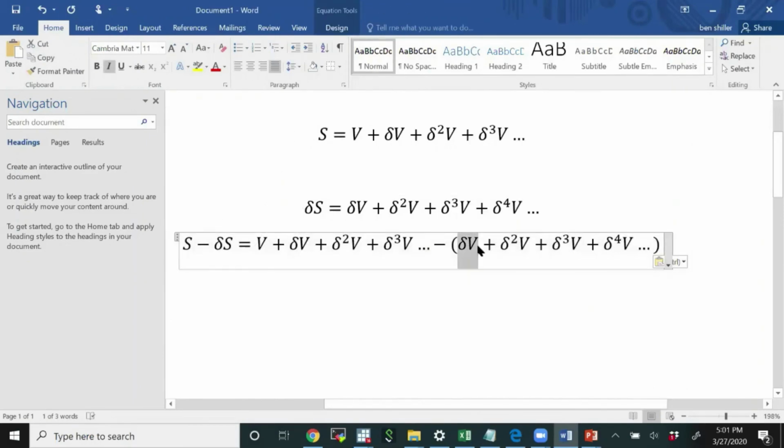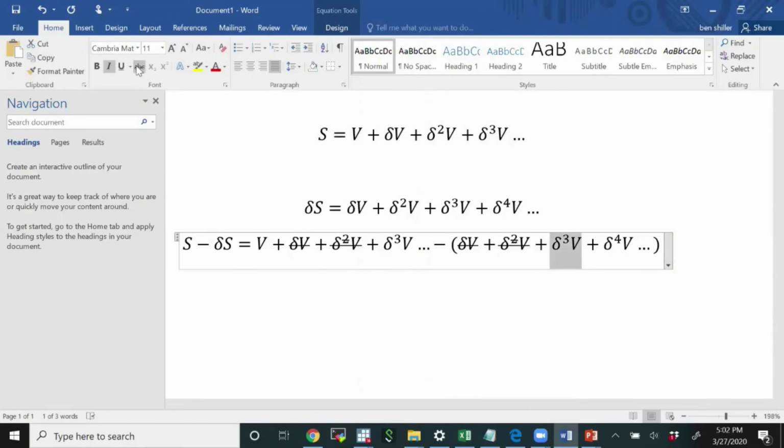Okay. Now here's the cool trick. If you'll note, the first term in delta S is the negative value of the second term in S. So the first term in delta S cancels the second term in S. Likewise, the second term in delta S cancels the third term in S. And so on.